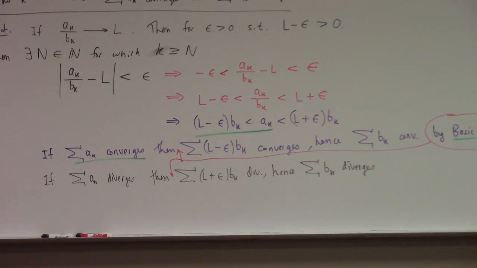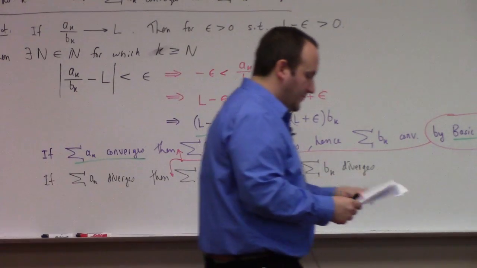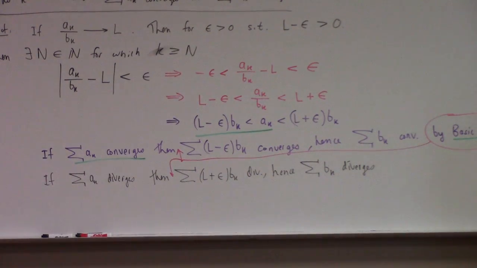But before I do, are there any questions about this proof? Okay. It is built, of course, over the basic comparison test. By the way, I gave a more thorough proof of the basic comparison test in section 2 yesterday. I think there's a decent proof in the book too.